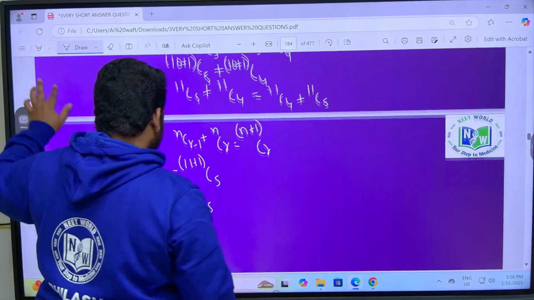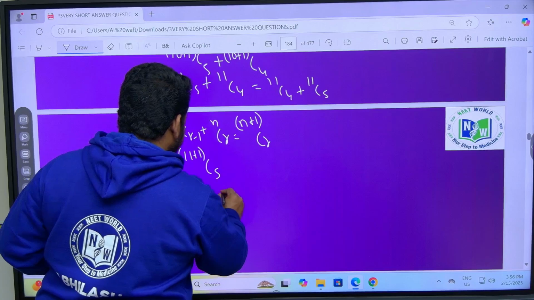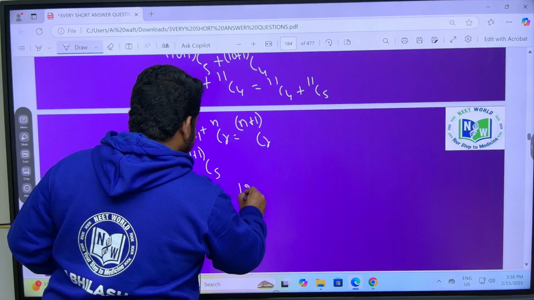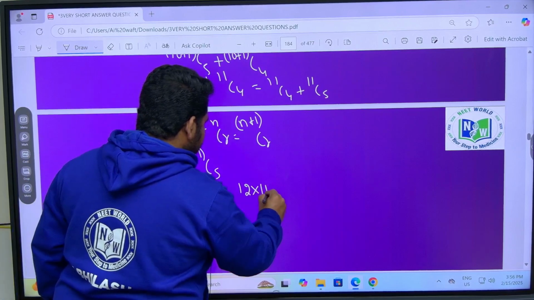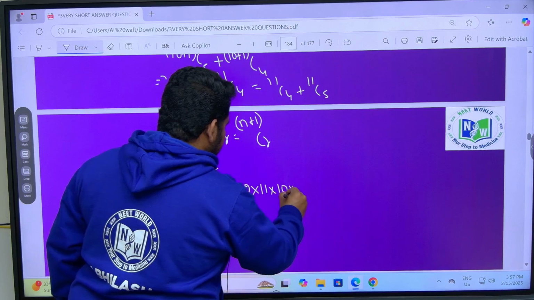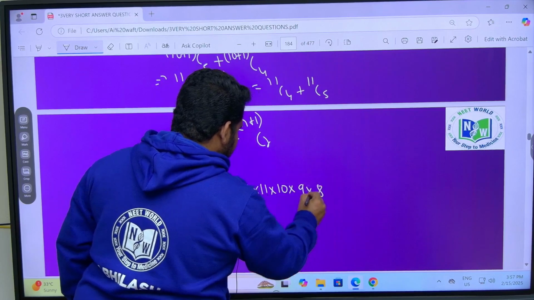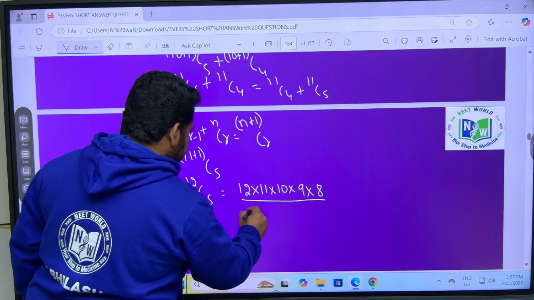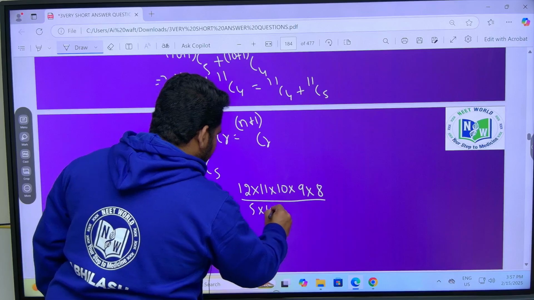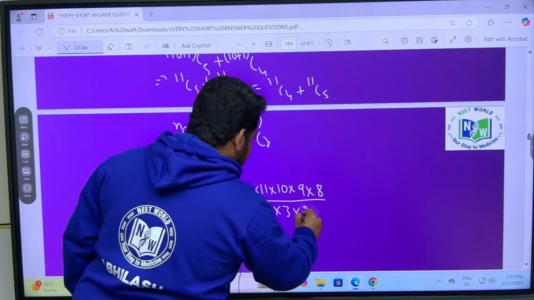So 12C5, how will you compute it? You can compute it with 12 factorial, or you can write 5 multiples here, 12 into 11 into 10 into 9 into 8, as I told you before, and 5 factorial, which I can write as 5 into 4 into 3 into 2 into 1.